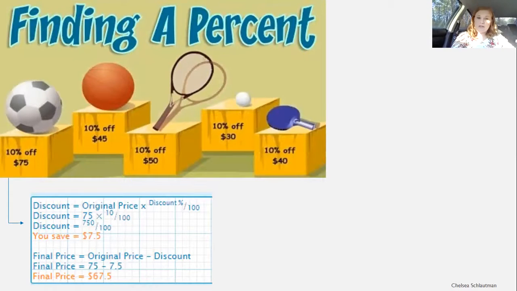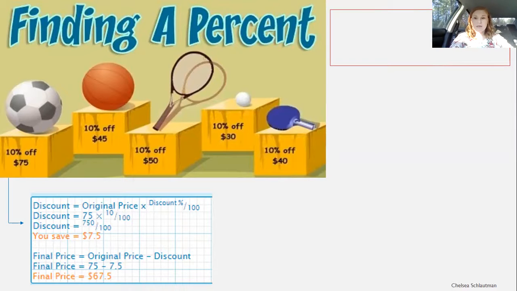When you multiply that, your answer will be 750 over 100. Once you divide it, it's going to be $7.50. So to get our final answer, we take our original price of $75 and subtract $7.50, which gives us the final discounted price of $67.50.